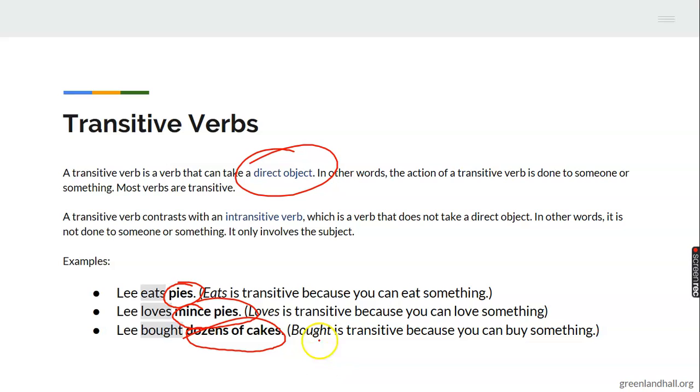And there's an object, there is a sufferer, somebody suffering the action coming after it. Now I told you that objects suffer the action of the verb. Then Lee bought dozens of cake. This is the direct object coming after this verb bought.